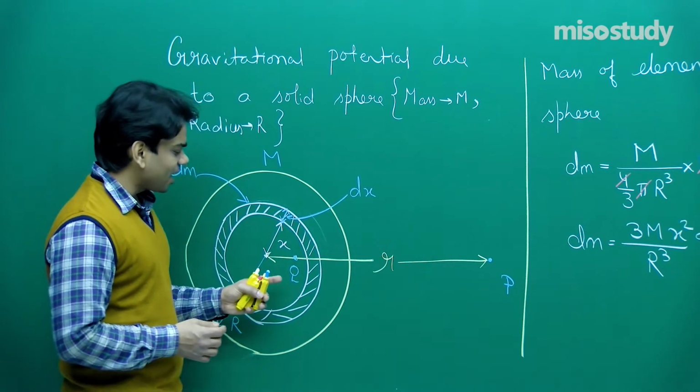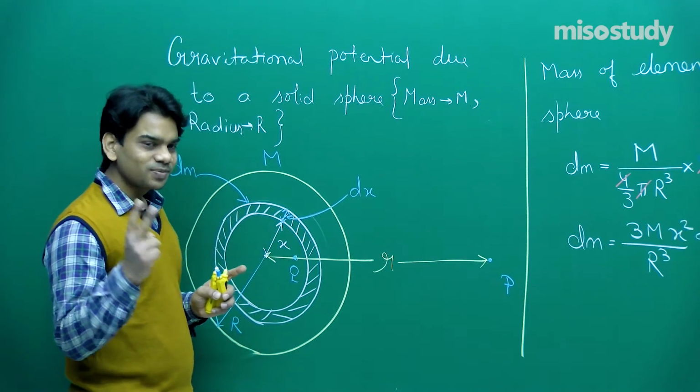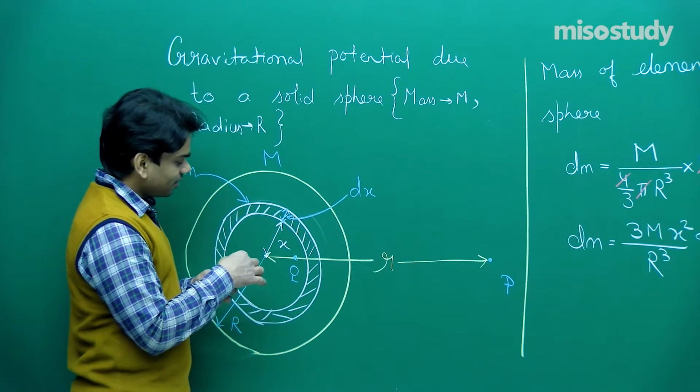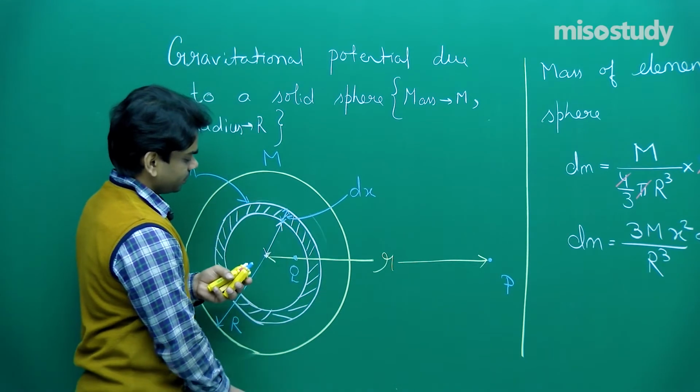So, can I divide this entire solid sphere into two parts? One part, if I make a sphere of radius, now see what I am going to do.